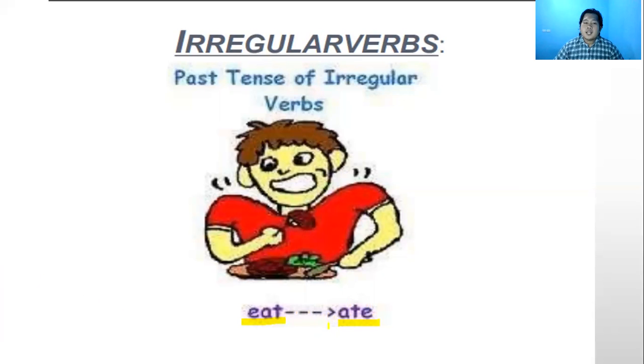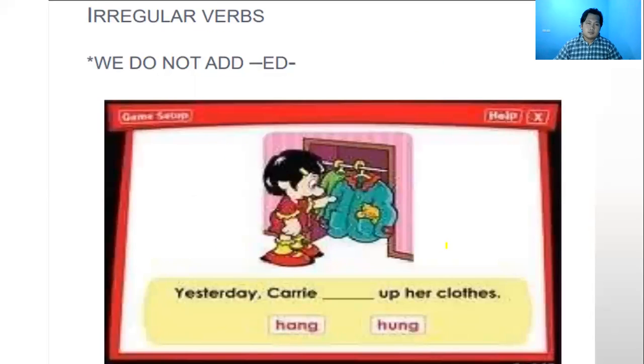We didn't add ed or d to the verb eat, but we changed the spelling of the word. Another. So in irregular verbs, we do not add ed or d, but we change the spelling.